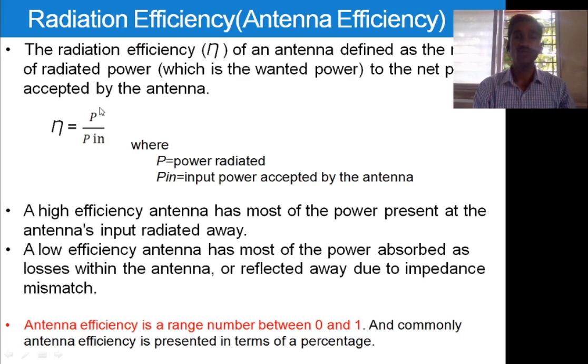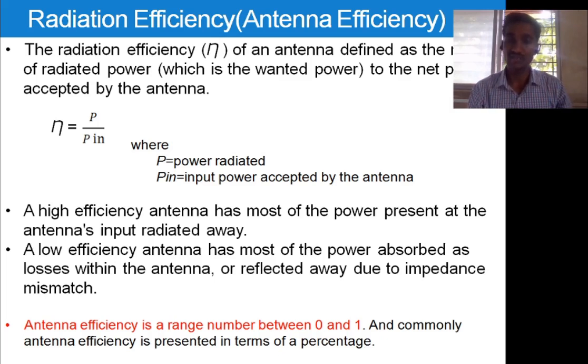That means how much it is able to transmit into space and how much energy is wasted in the antenna. So the efficiency of an antenna strongly depends on its wastage of energy.